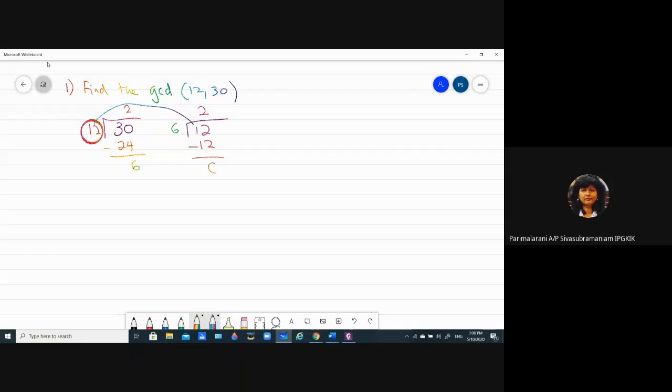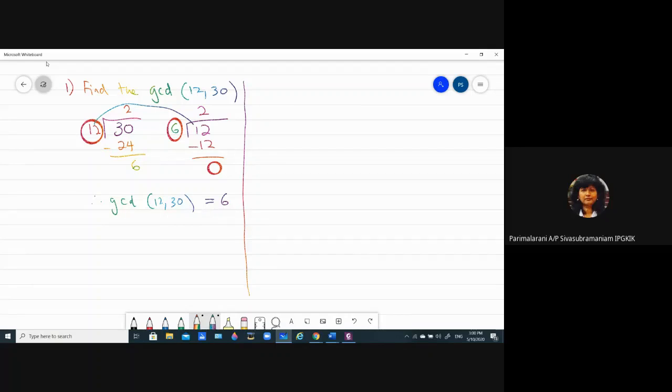No remainder, right? So we stop here. The last divisor is your answer. Therefore GCD of 12 and 30 is 6. Can you understand? Yes.